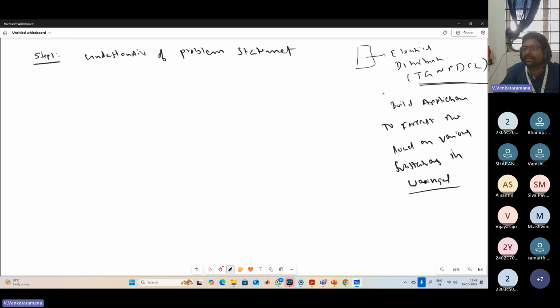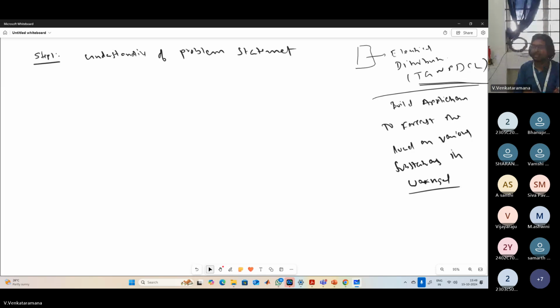So this is the problem statement, and first of all, you have to understand it. I have to build an application to forecast, or predict, or estimate the load on the various substations in Warangal. That is the problem statement.